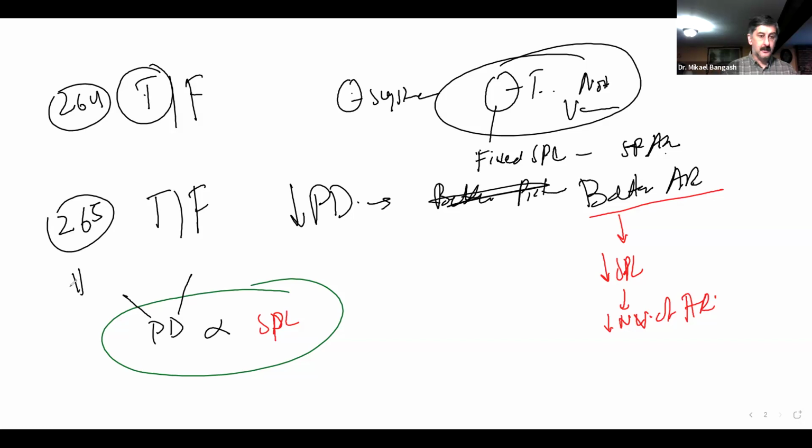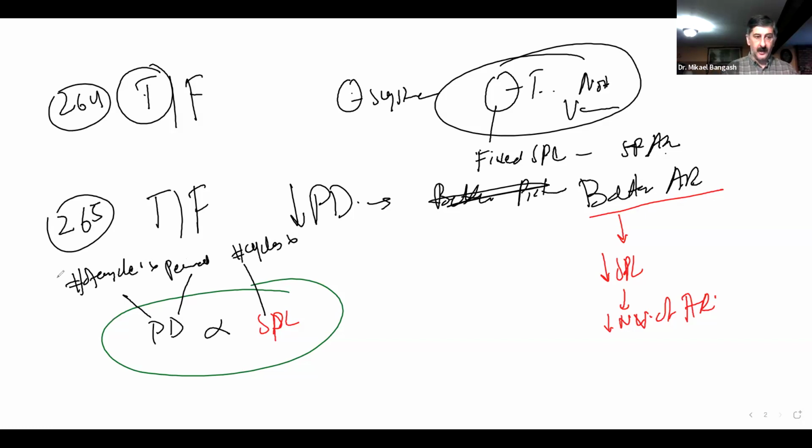One was the number of cycles, which you also have in your spatial pulse length. The second was period.